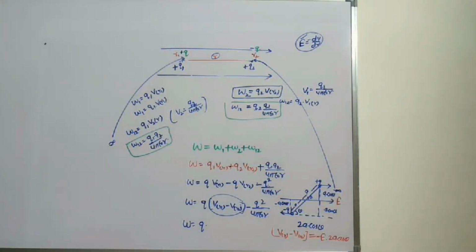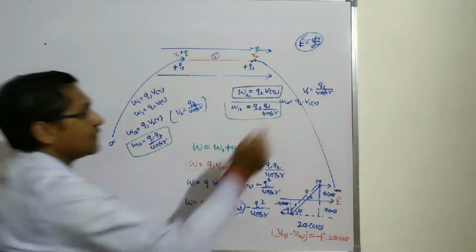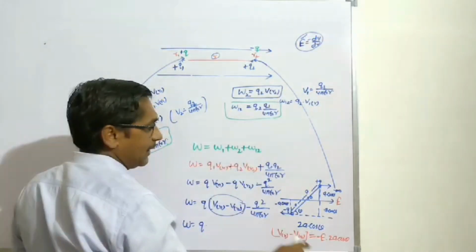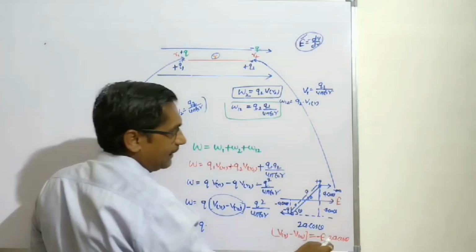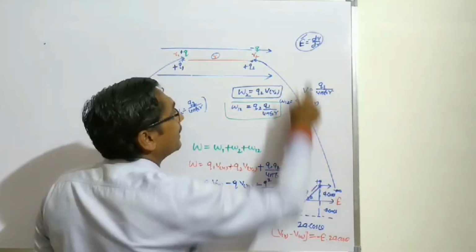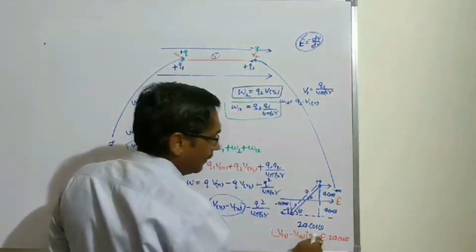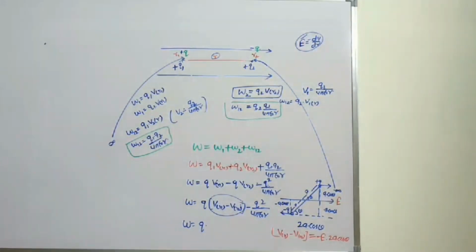So we know that the potential dV equals minus E dot dr. E is E, and dr, the distance separation between them, is 2A cos theta, and there is a negative sign, so we use a minus sign here.